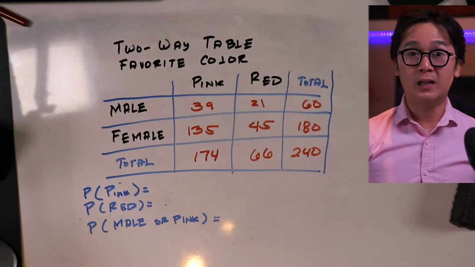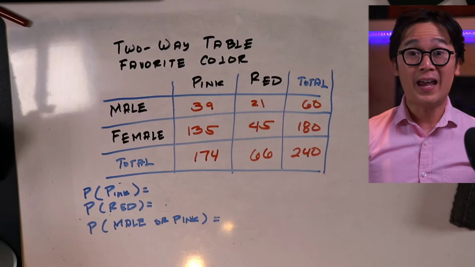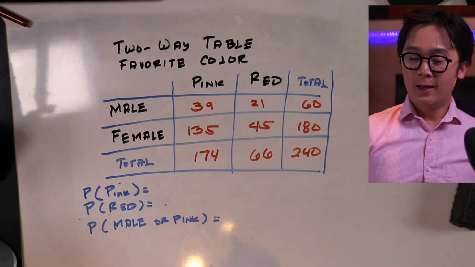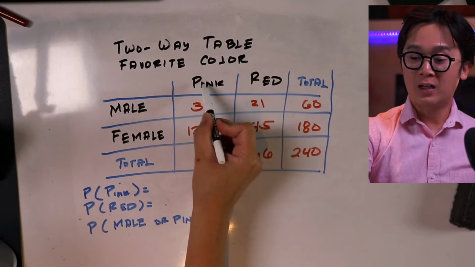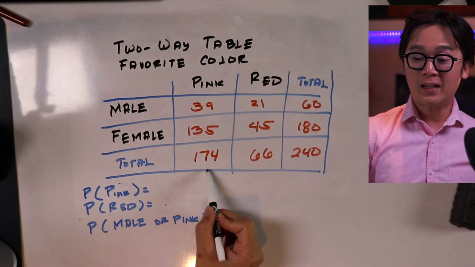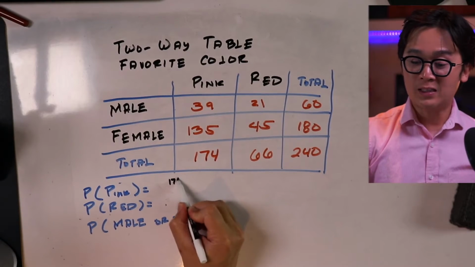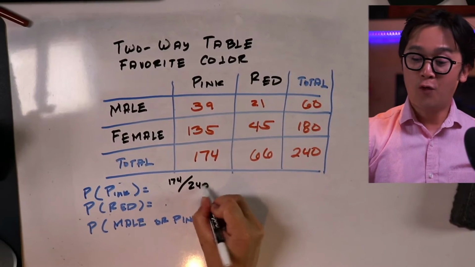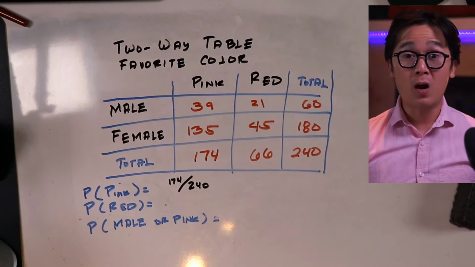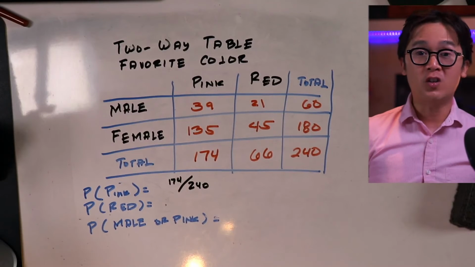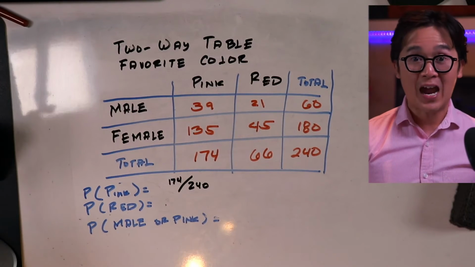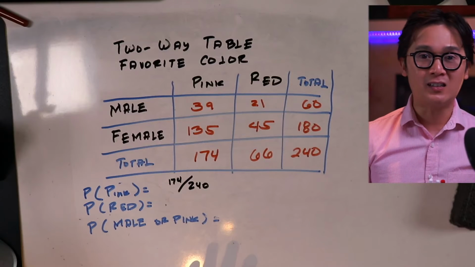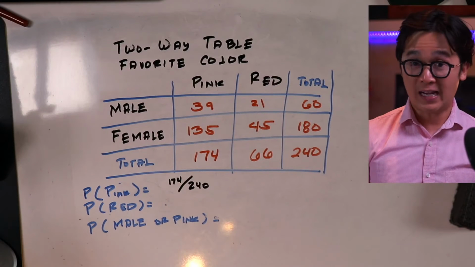So for example, if we're going to choose a student whose favorite color is pink, the total number of students who like pink is 174, so 174 all over the sample space, which is 240. So this is going to be our probability answer. And if you want to convert it into a simpler fraction, you may do so. Or if you have a calculator, you can change this into percent form or decimal form.